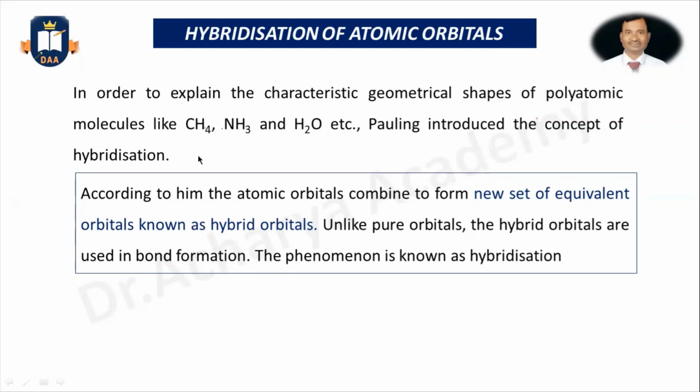Hybridization means a set of atomic orbitals will form a new set of equivalent orbitals, which are known as hybrid orbitals. Unlike pure orbitals, these hybrid orbitals are used in bond formation, and this phenomenon is known as hybridization.